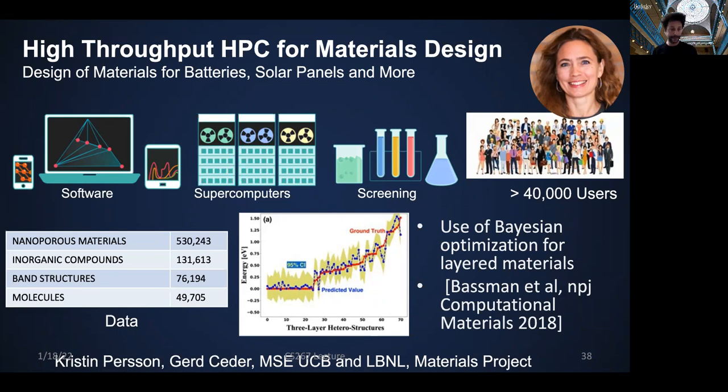You would get different materials with different properties, and you would do massive amounts of simulations, one per material, and try to simulate the properties of the material. Over the years, the project has evolved to use more and more machine learning, especially for guiding the search space of discovering new materials with certain desired properties. But it really started as a high throughput, high performance computing project.